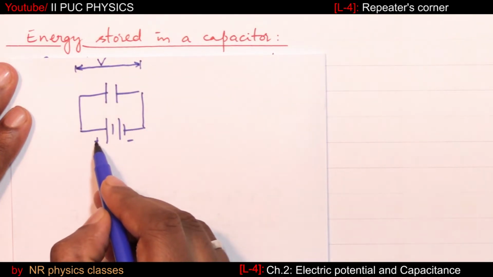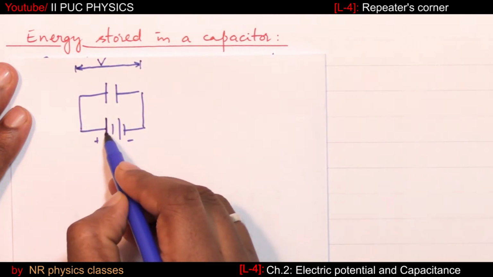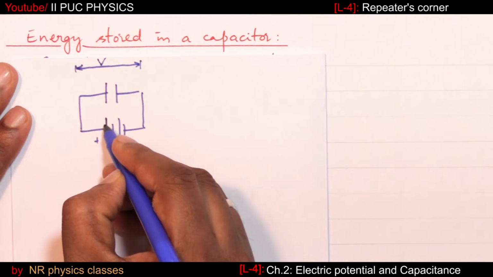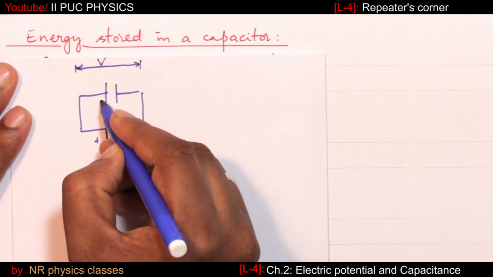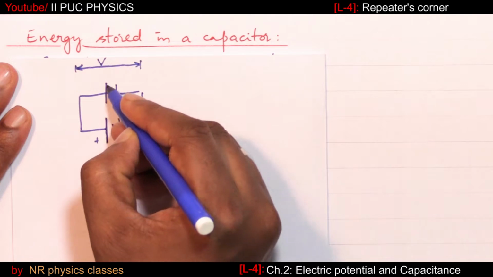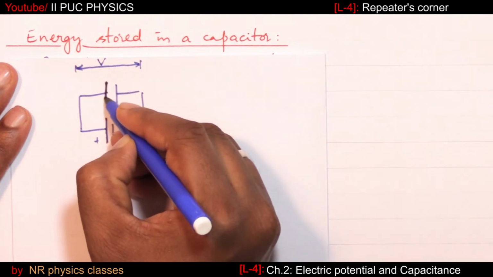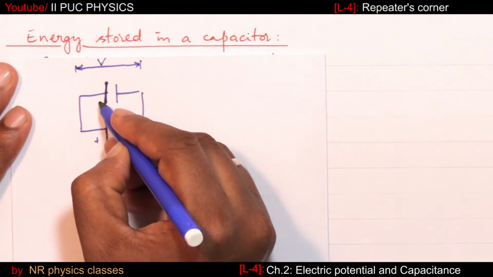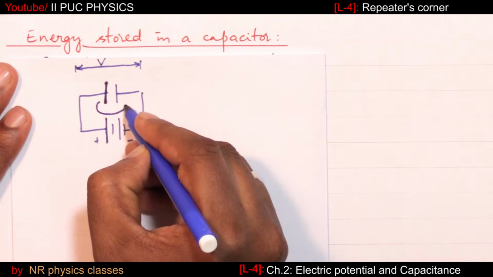Because of this positive potential of the battery, electrons are withdrawn from this plate. Because this positive can attract electrons, conduction electrons present in this plate. And those conduction electrons are transferred to the other plate.